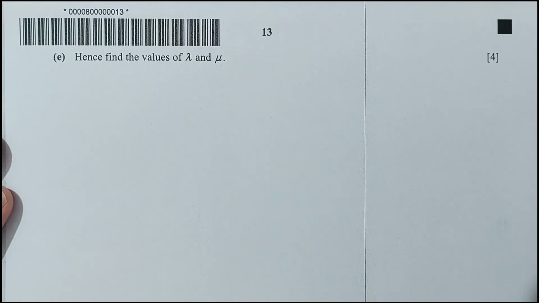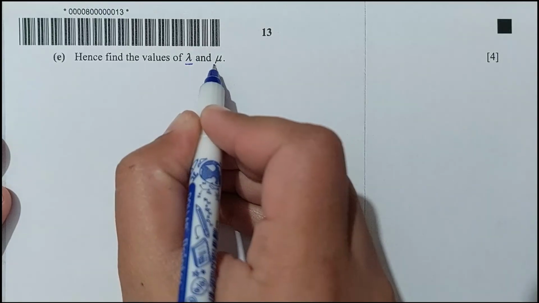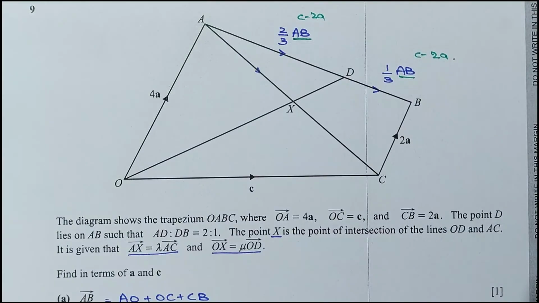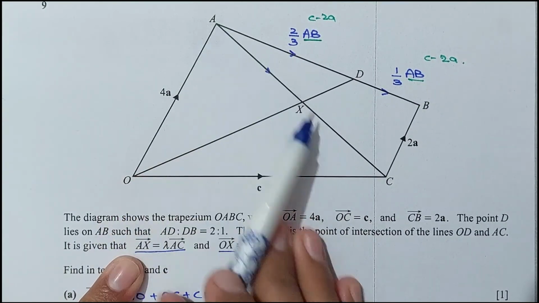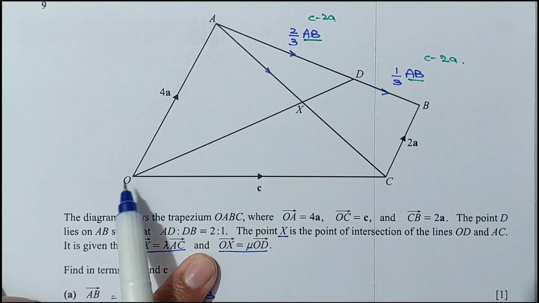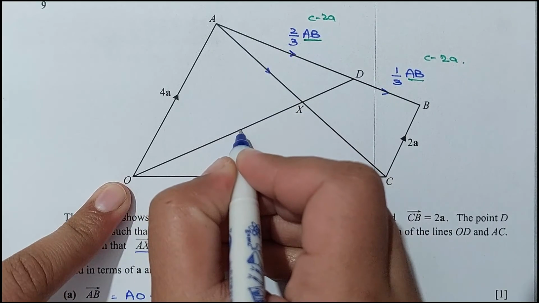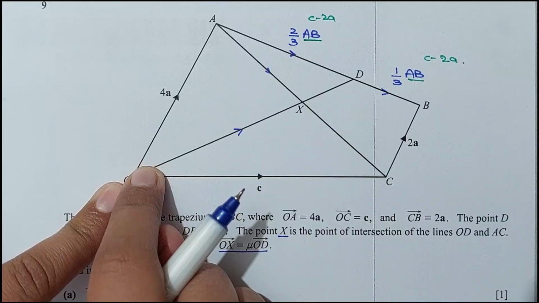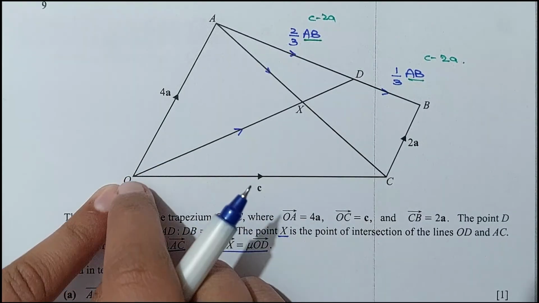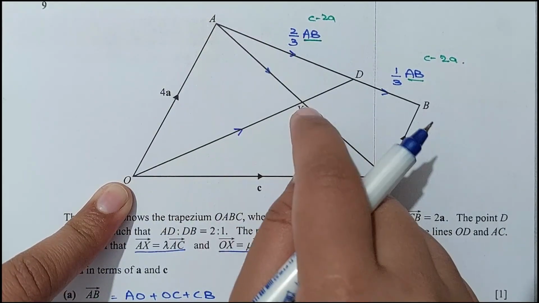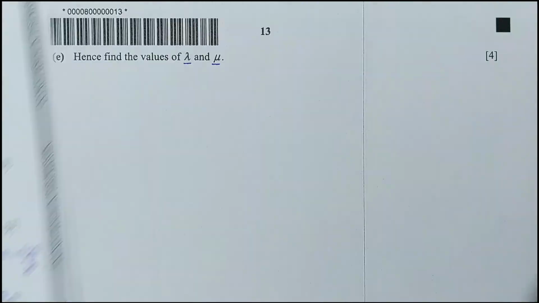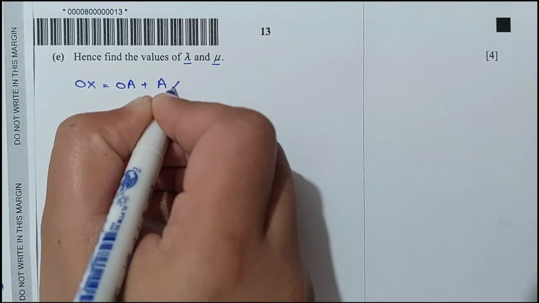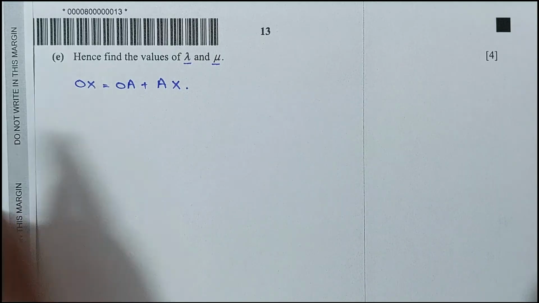Now for part e, hence find the values of lambda and mu. Which things involve lambda and mu? You can see AX involves lambda and OX involves mu. So we have to use this to get the values of lambda and mu. O to X is OA plus AX.